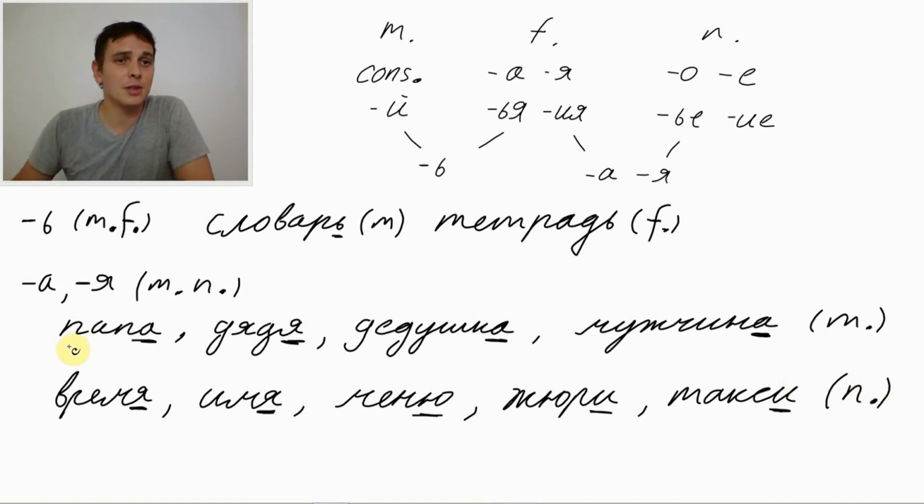Again, let's repeat these words because they're useful for you. Papa ends in a, could be female from the general rule. Everything that ends in a, we got the general suspicion it's a female word. However, it's male because papa can only be male. Дядя, uncle, ends in ya, however, male. Дедушка, again male.